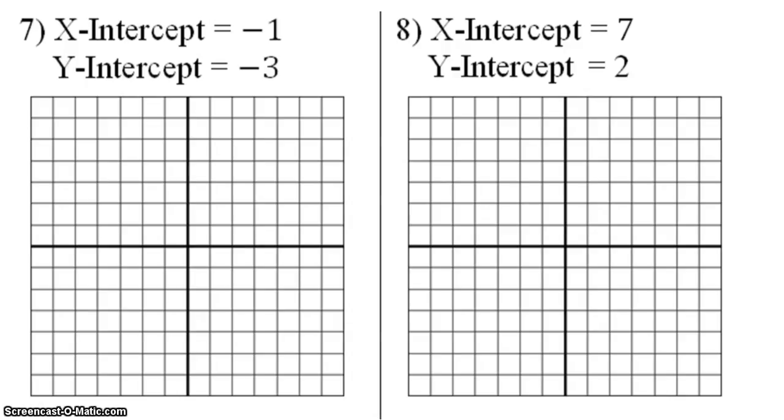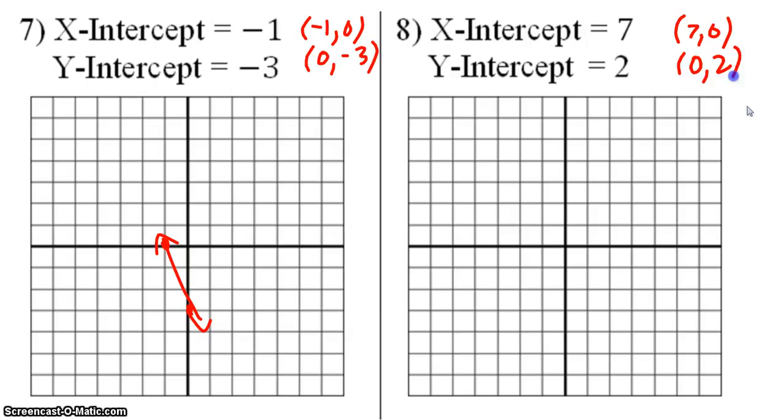If the y-intercept is -3, that's the point (0, -3). If the x-intercept is 7, that's the point (7, 0). If the y-intercept is 2, that's the point (0, 2). And you just connect them. So that's our graphing once we know the intercepts.